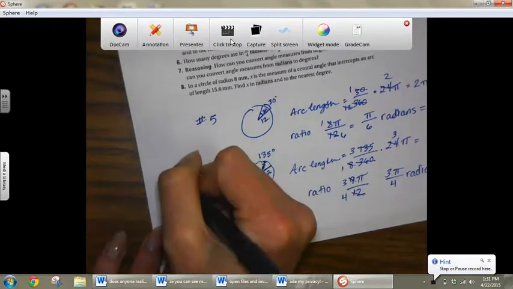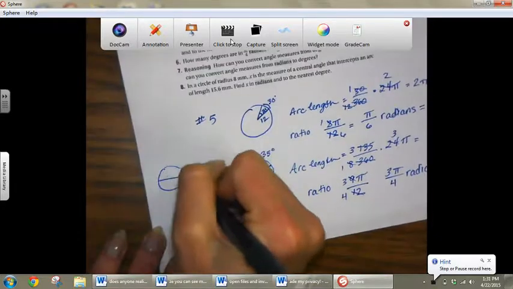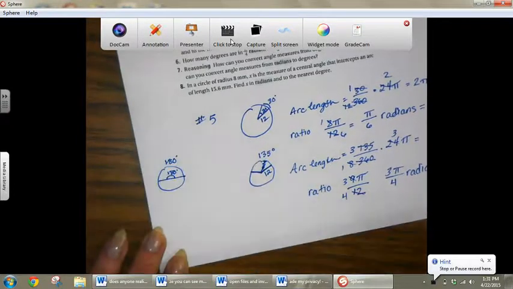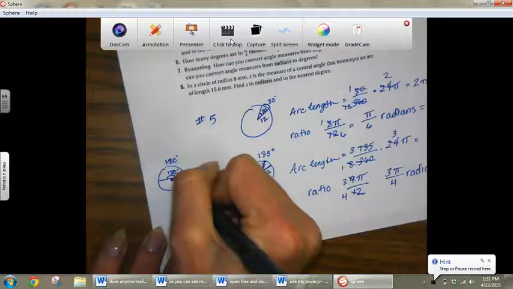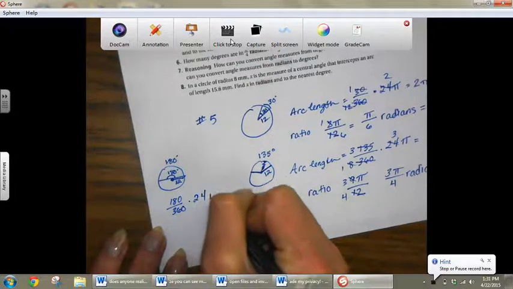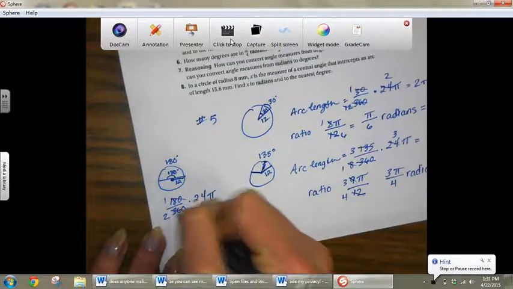So 180 is just the straight angle, so that's 180 degrees, so that would be 180 degree arc length. Then the radius from here to here is 12, so I can do 180 over 360 times 24 pi. That's 1/2. That's 12.